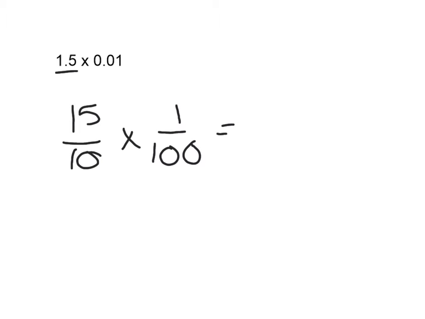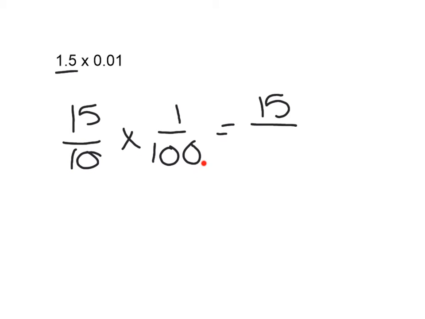Now that I've shown you how to do it on the drawing, let's do it without using a drawing. So we've got 1 and 5/10. And I know that that is 15/10. Okay, I'm going to multiply 15/10 times 1/100. And it's very easy for me to multiply fractions now that I know. We multiply the numerator times the numerator. 15 times 1, we get 15.